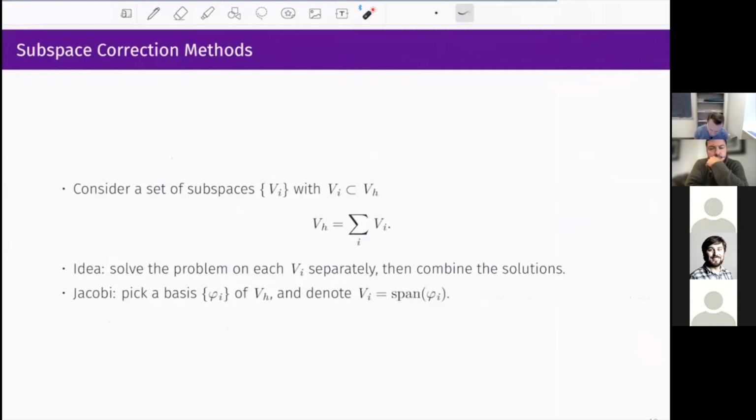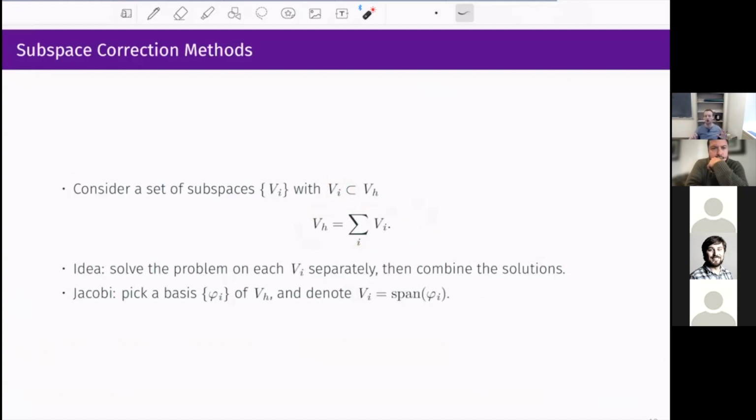So you look at your velocity space V_h, and we consider a set of subspaces V_i that, if we take them together, build this global space V_h, right? Those spaces V_i don't have to be disjoint. There might be overlap between these spaces, right?